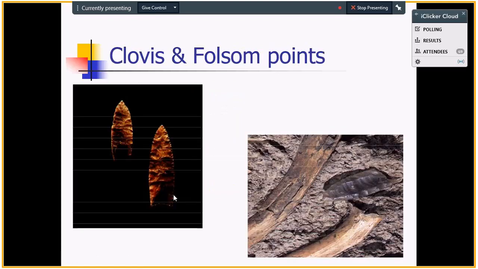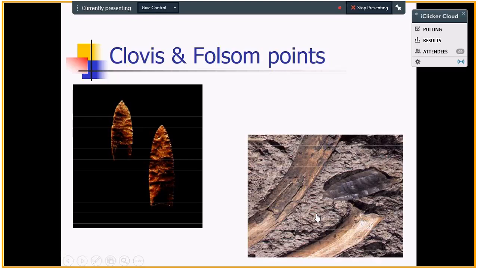The Clovis technology, these spear points here on the left, and the Folsom points here on the right, are different types of spear points that Native Americans used, and it's very similar to what the folks back in Asia from this time period are using.